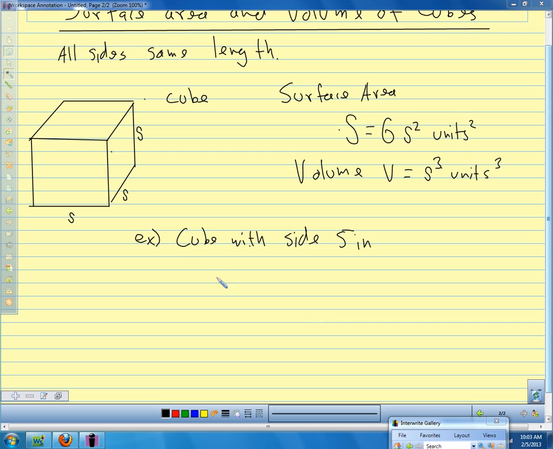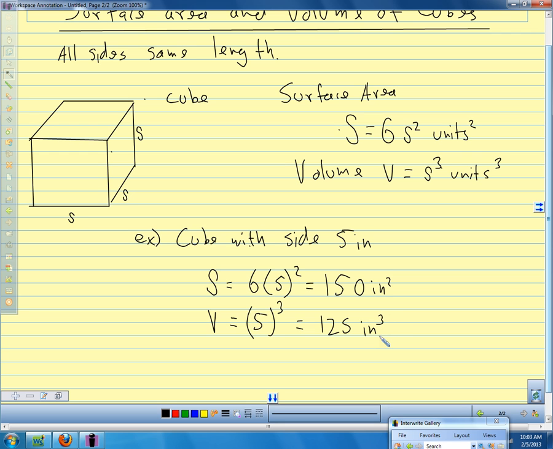Our surface area is 6 times the side length squared, and when I multiply that out, I get 150 inches squared. My volume is just going to be 5 cubed, and 5 cubed is 125 inches cubed.